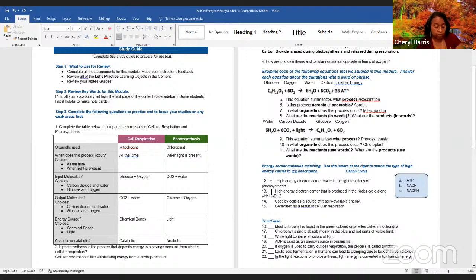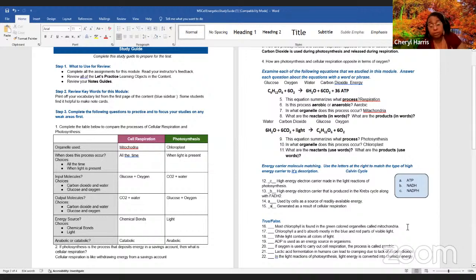So this one is going to be B. And for both of the next ones, it's going to be A, because what is used by cells as a source of energy is ATP. That's what ATP is, and it's generated during cellular respiration. 36 molecules of ATP are generated during that process.